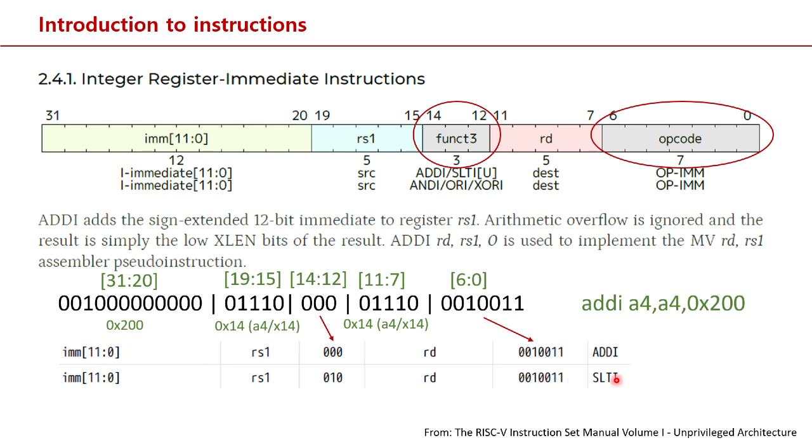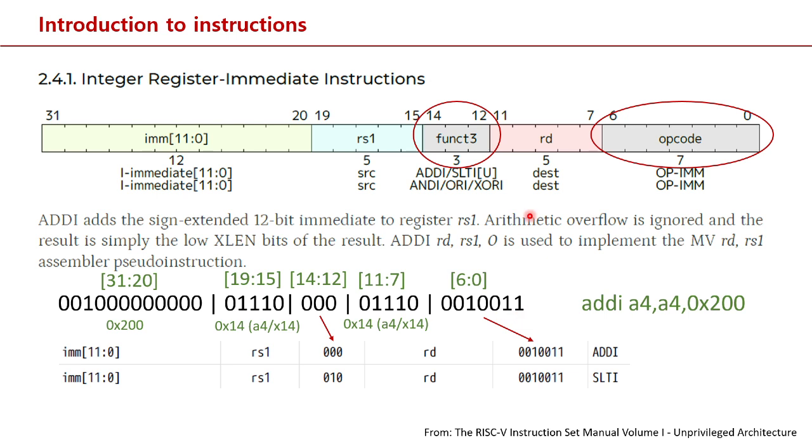So please take a look at another assembly instruction, the SLTI instruction. This instruction is different, another instruction just like ADDI, but bits 0 to 6 contain this binary value. Remember that these instructions are grouped into the same instruction group, based on 0010011.